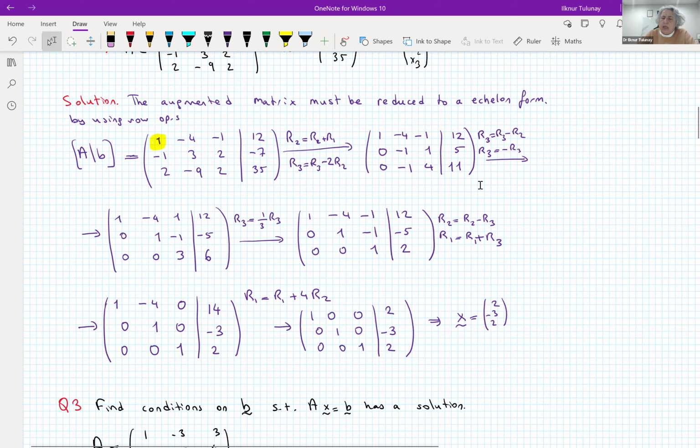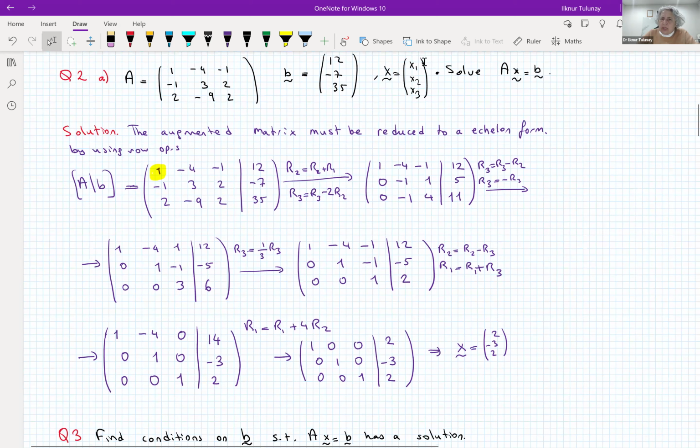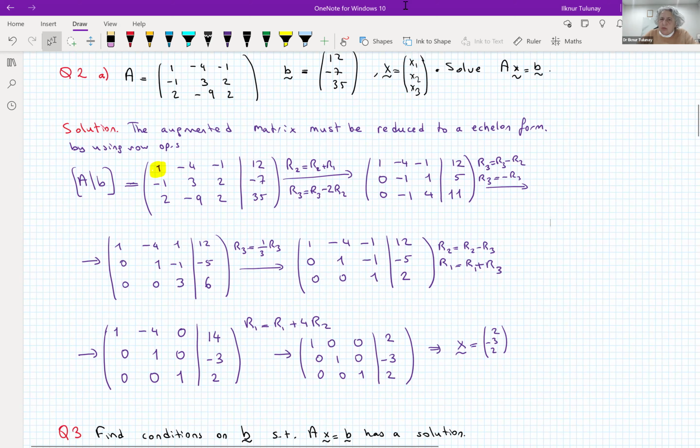Imagine you're multiplying this matrix with this column, right? 1 times this is just x1, which is 2. This row with this column is just x2, which is minus 3. And this row with this column is just x3, which is equal to 2. So if you find exactly the identity matrix, it means that there exists a unique solution. That is the case in this position.